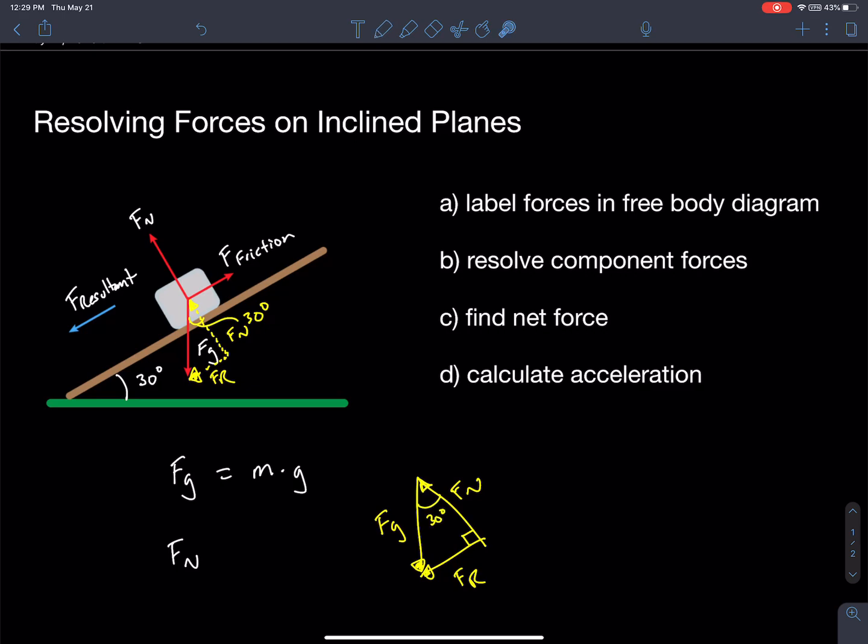So if I want to solve for my normal force, it is going to be a component of the force of gravity linked together with that angle. All right, so I'm just going to label this triangle like we would in trigonometry. This is my adjacent side. This is my opposite side, and that's my hypotenuse of the triangle.